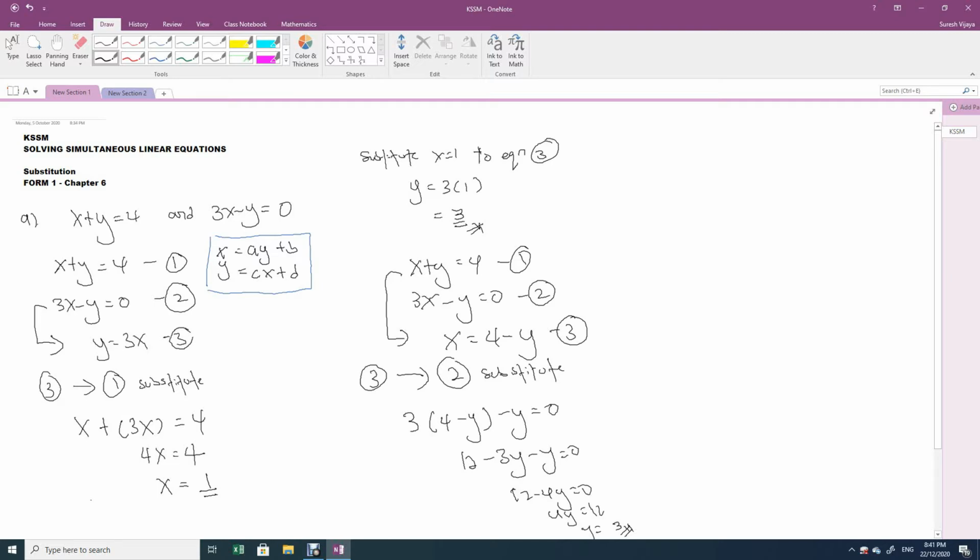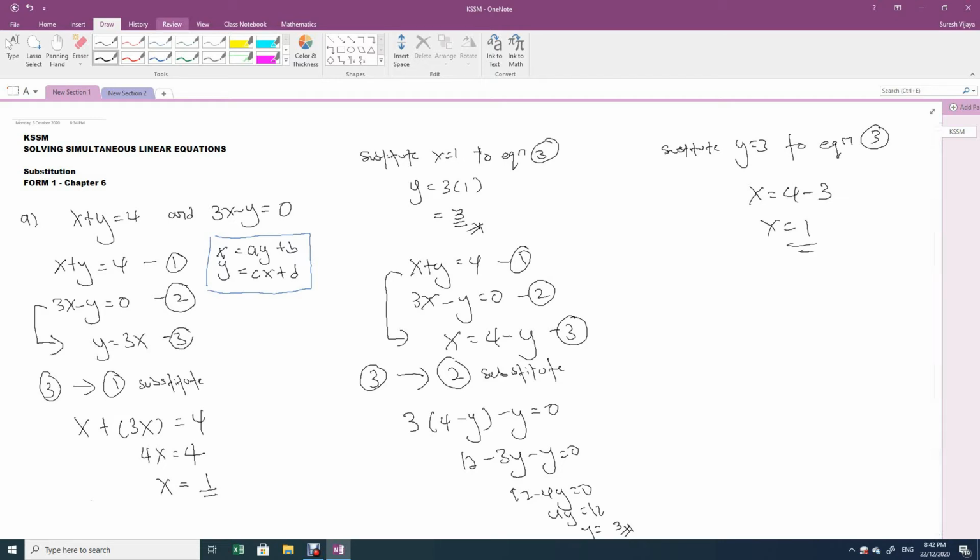Okay, so what we need to do next is find the value of x. To do that, we have to substitute y equals to 3 into equation 3. This is the easiest way to find the value of x. You can substitute into any of the equations to get the value of x. So x will be equals to 4 minus 3, so x will be equals to 1.